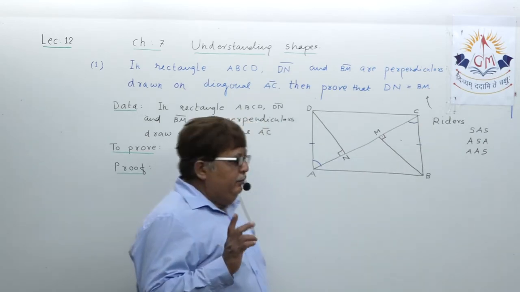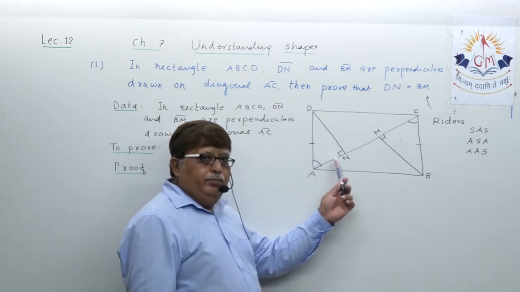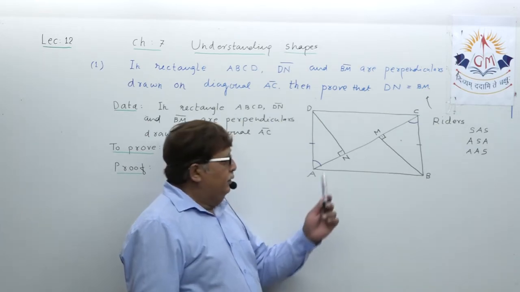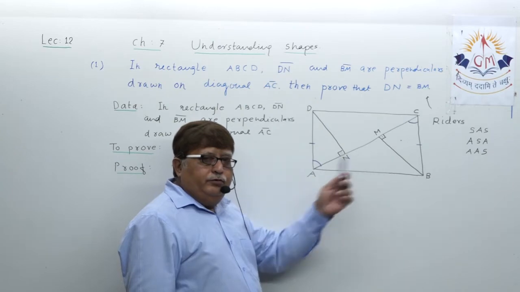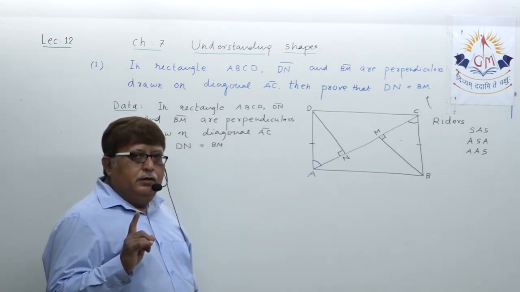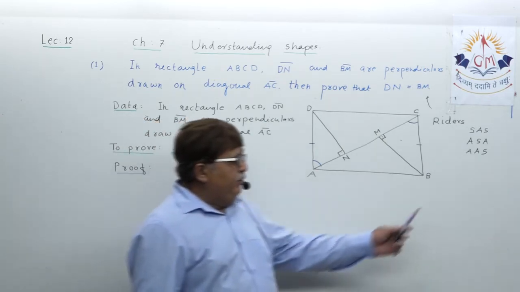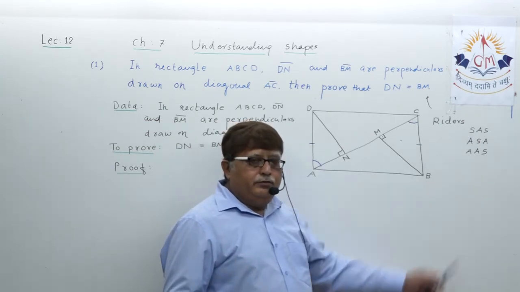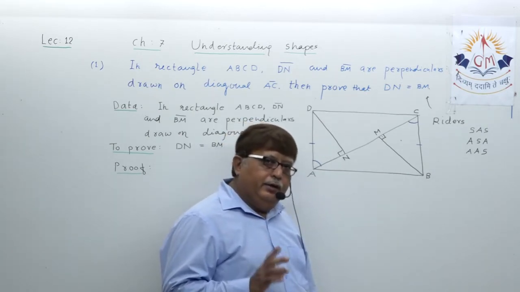See dear student, you got two pairs of angles congruent. You got one pair of side congruent, which is not included, because you are going to apply this criterion, that's why AAS.